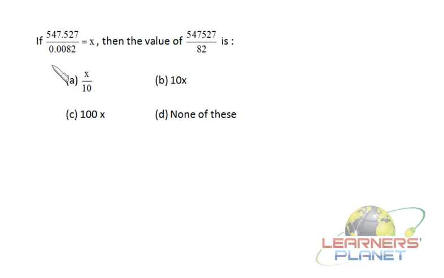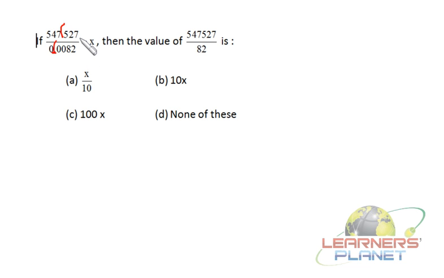Now in this question, 547.527 divided by 0.0082 is x. Then we have to find out the value of 547527 by 82. The answer will be in terms of x only. We just have to see the arrangement of decimals. Suppose I remove the decimal from here. There are 4 digits after decimal, and here there are 3 digits after decimal.